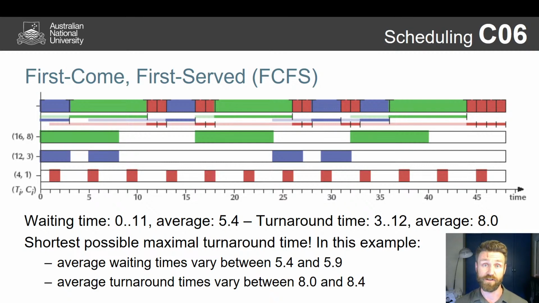In that case, the waiting time will be important because you need to ensure, for just responsiveness of the system, that you're scheduled in a reasonable amount of time. So if your waiting time is really long, the user will experience that as the system effectively hanging. They press a button and nothing happens. So for a system where you're interested in interactivity, your waiting time is going to be important.